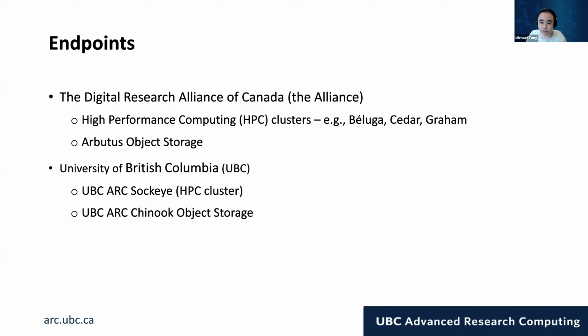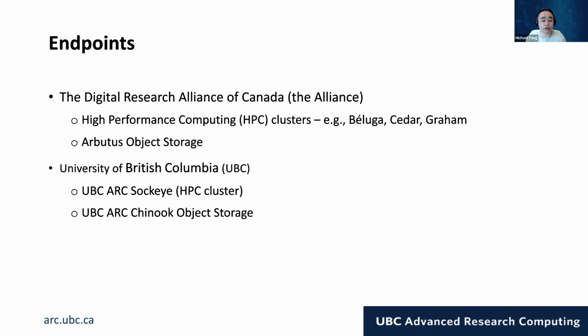Another example is at the University of British Columbia. We have an endpoint at our high performance computing cluster and also our object storage solution. This is an example to showcase this list of endpoints at different institutions. I'm trying to show that you can transfer data back and forth between institutions using Globus.